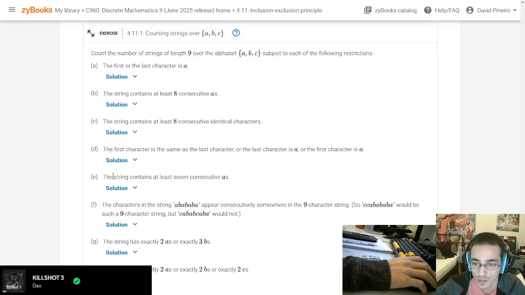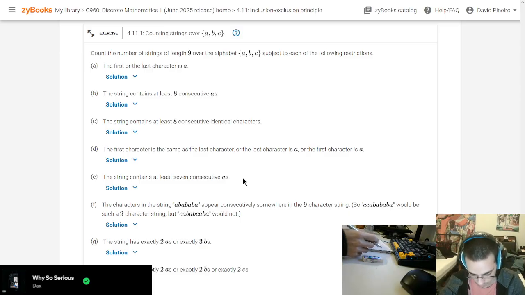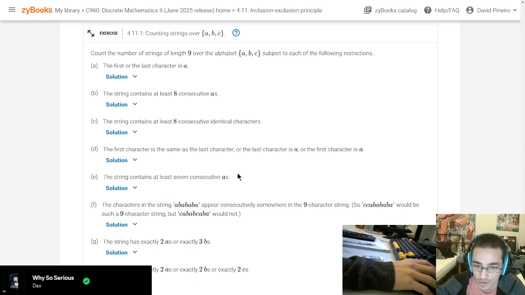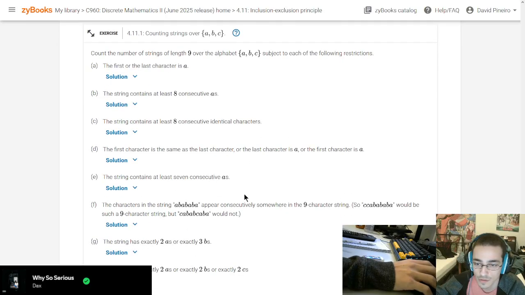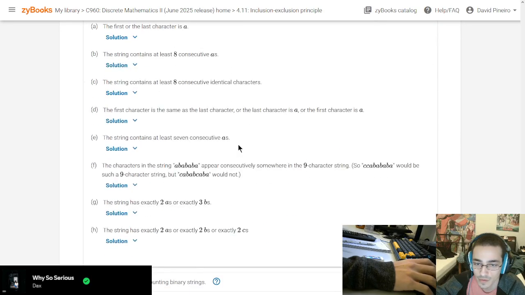This one, I am assuming I could do the same thing, but now it says 7, so there's going to be more cases. Not too many more, but still. Nah, I don't want to do that one. There's going to be like 4 cases, and then I want to find the union of all of them. 4? That's the whole formula that was up there.